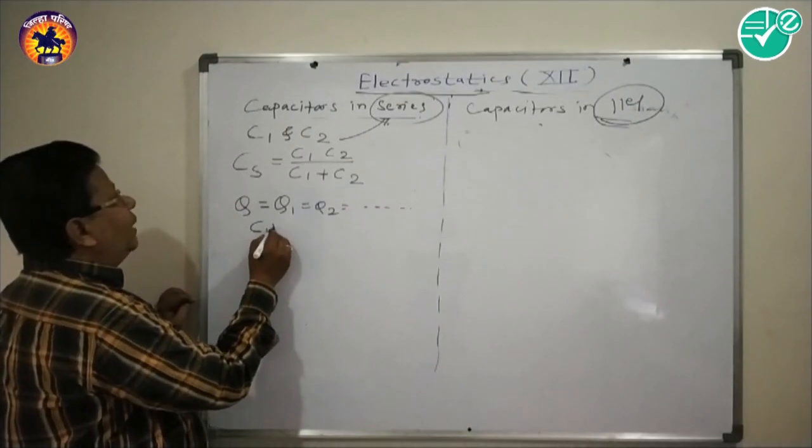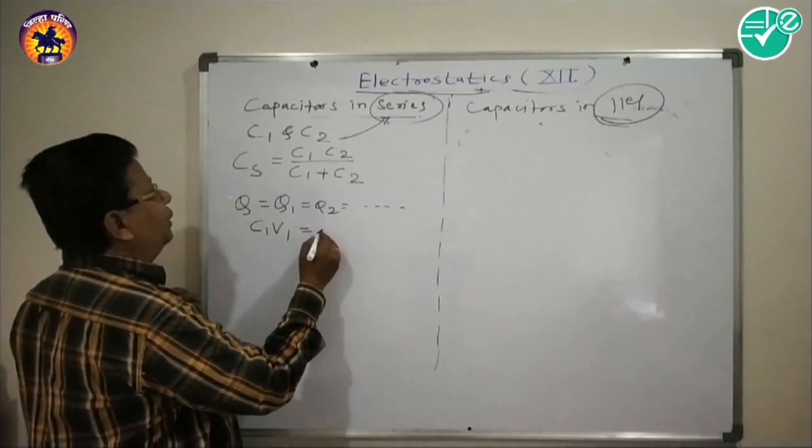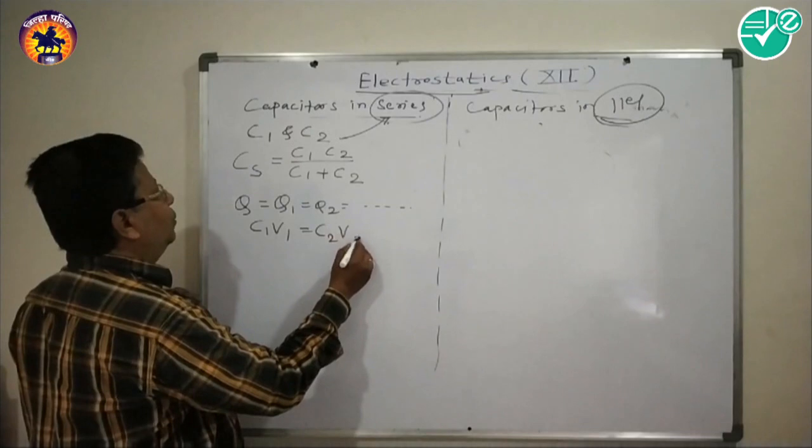Q1 is C1 into V1, Q2 is written as C2 into V2.